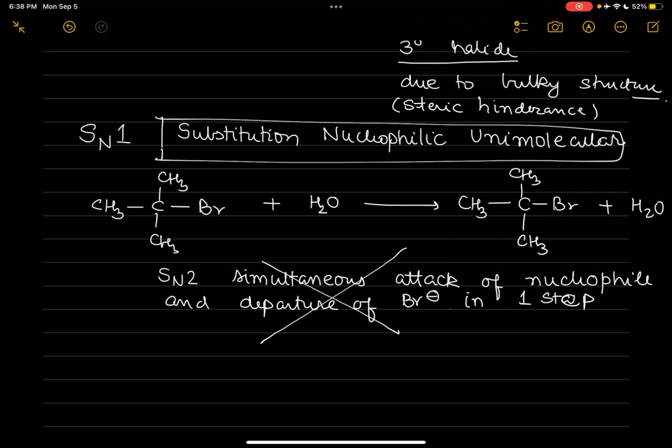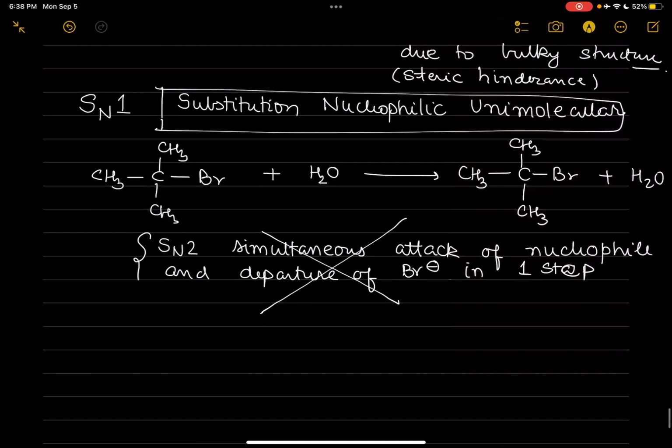No idea? What's the reason that SN2 can't happen on a tertiary substrate? Very simple reason. Actually, you guys know. The reason is the bulky nature of the carbon. Is it clear? You can see the carbon is very, very bulky.